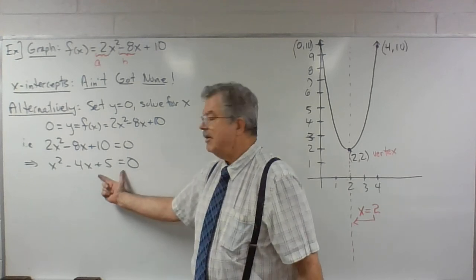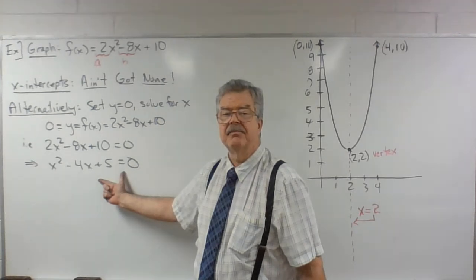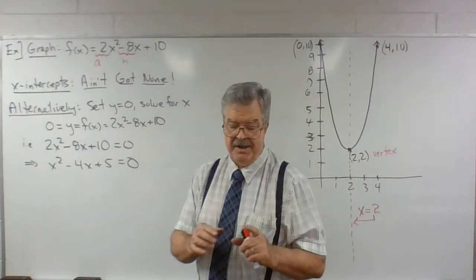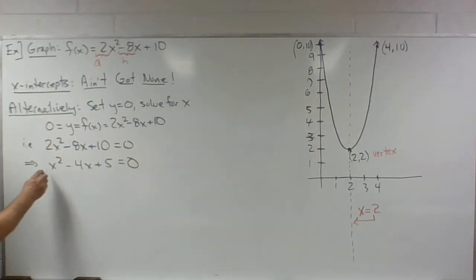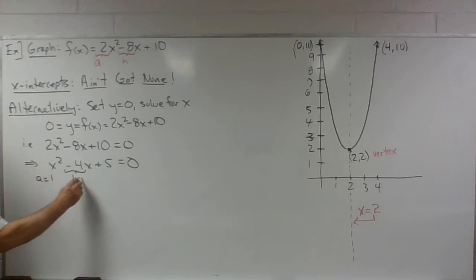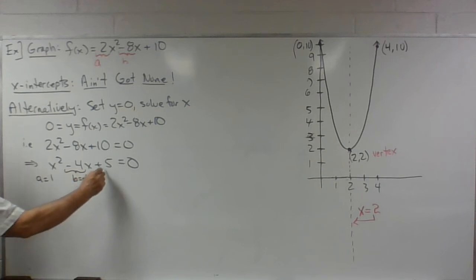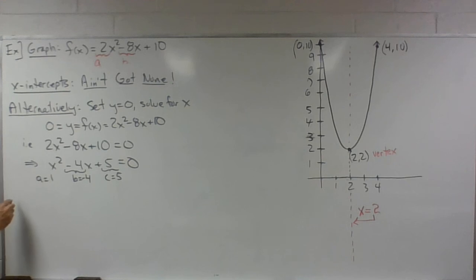The quadratic formula will give us the solutions to this equation, if there are any. And a is 1, the coefficient of x squared is 1. The coefficient of x is b, -4, and the constant term is c, 5.